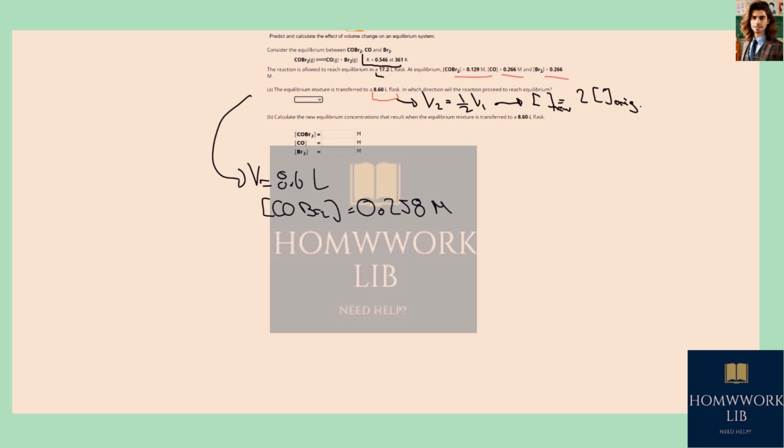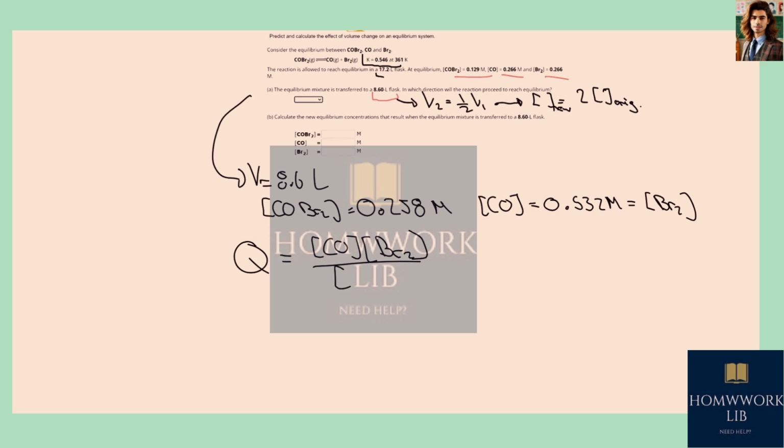Next up for CO, the concentration would be 0.532 molar, and this would be equal to the concentration of Br2 that we're going to have. Thus, we can calculate the value for Q, which for this reaction is going to be equal to the concentration of carbon monoxide times the concentration of bromine gas divided by the concentration of COBr2, this brominated product, which is going to yield 1.097.